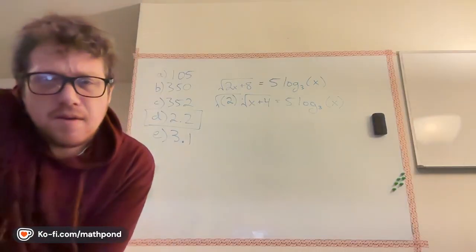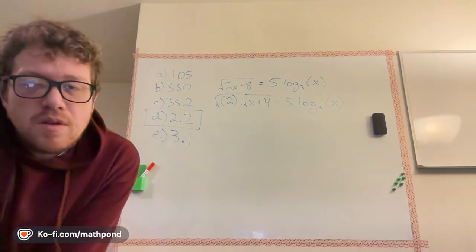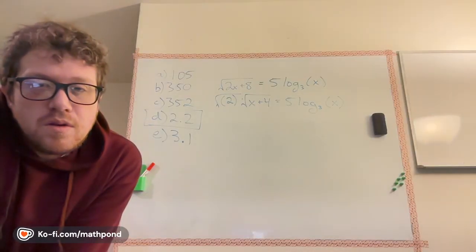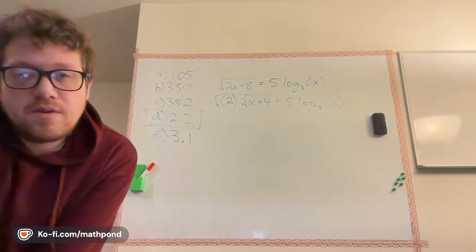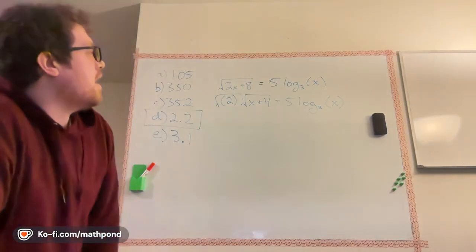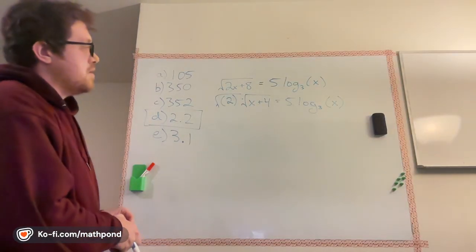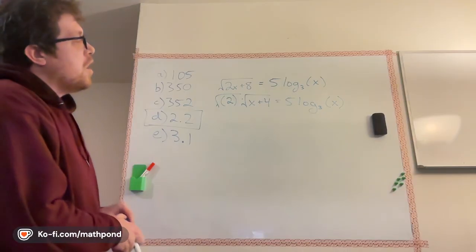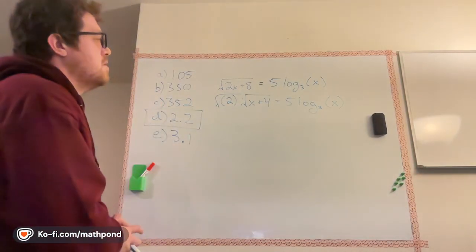What do you mean by that? Bring 5 up into its exponent. Use the power rule of log. Okay, yeah, I think the power rule of log is probably the correct way to go. Oh, okay, so you're bringing 5 up into the exponent.